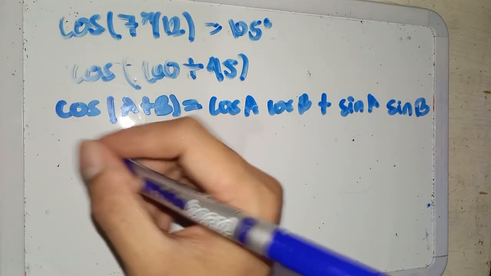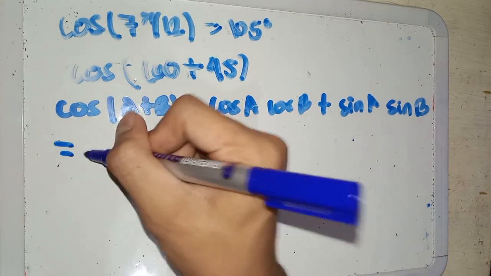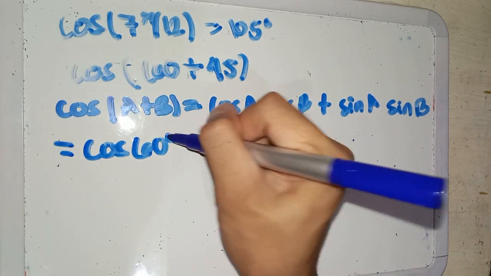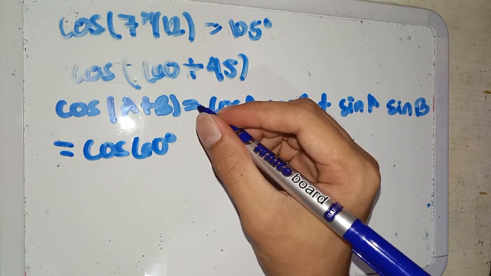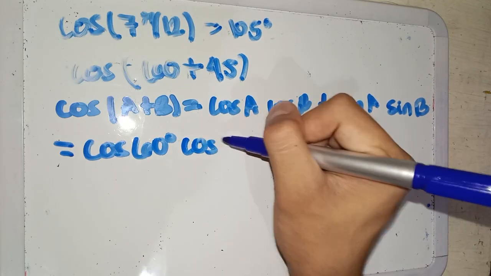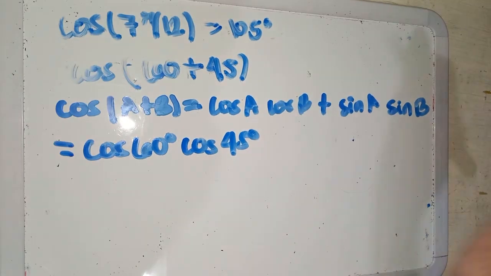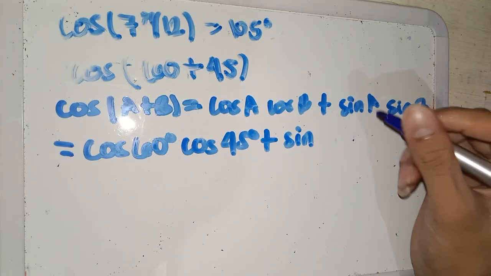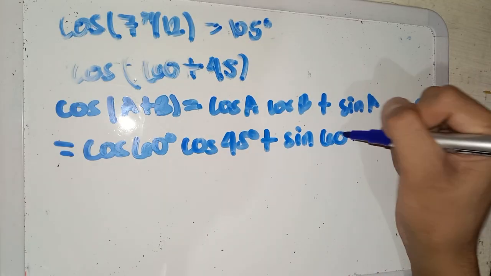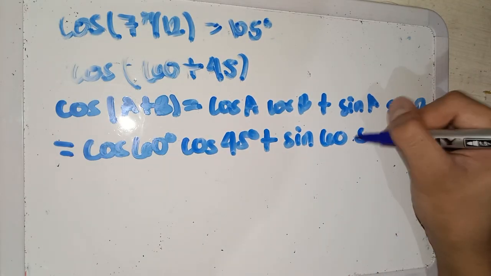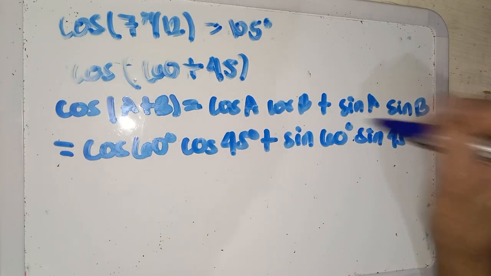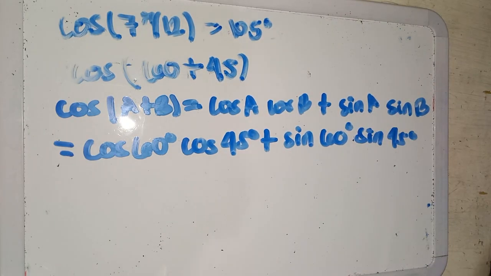So that's going to be cosine 60 degrees cosine 45 degrees plus sine 60 degrees and sine 45 degrees. So next, we need to substitute them.